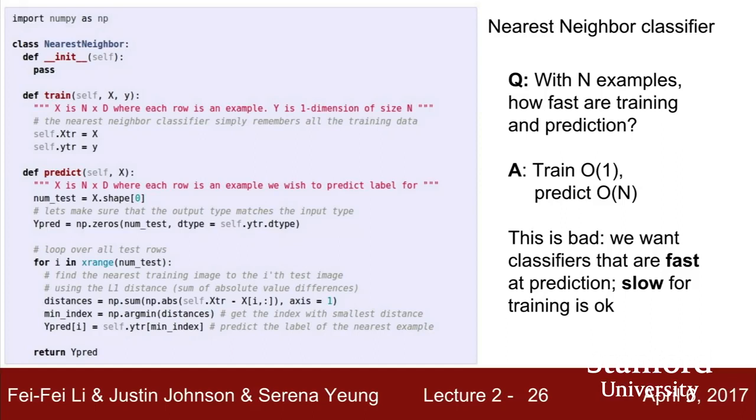And you really want the testing time performance of your classifier to be quite fast. So from this perspective, this nearest neighbor algorithm is a little bit backwards. And we'll see that once we move to convolutional neural networks and other types of parametric models, they'll be the reverse of this, where you'll spend a lot of compute at training time, but then they'll be quite fast at testing time.